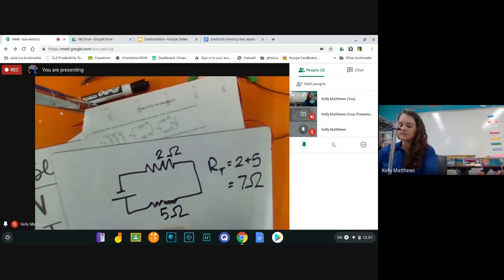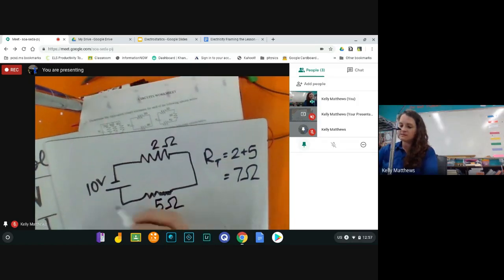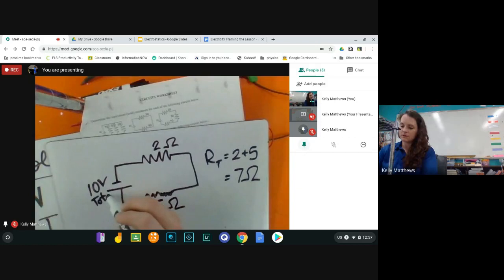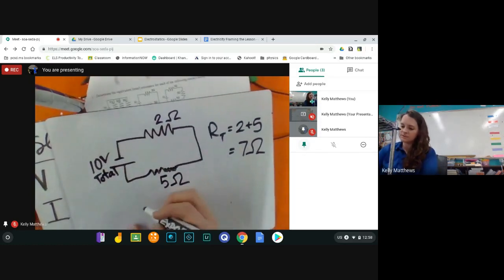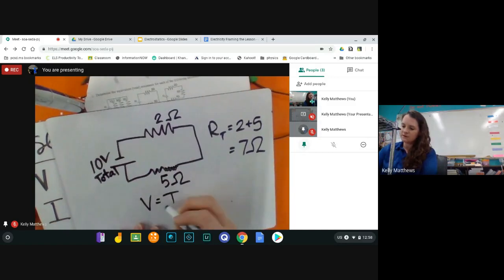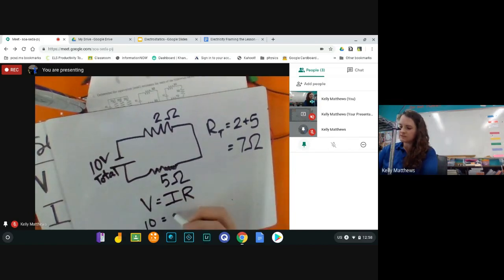In this one, it didn't say, but let's say that we had 10 volts for the voltage, then that's the total voltage. Then we could find the total current by using Ohm's law. Ohm's law is V equals IR. And we know a total voltage. And we know a total resistance.